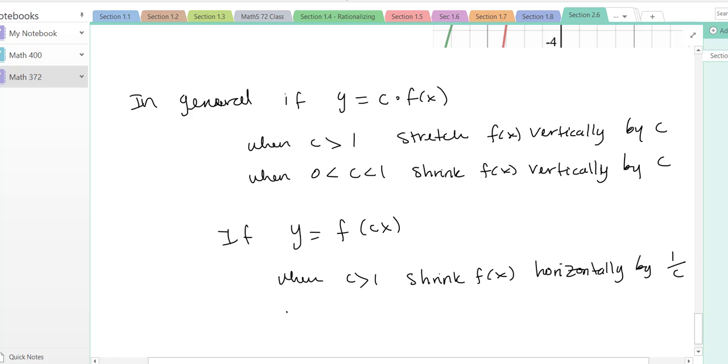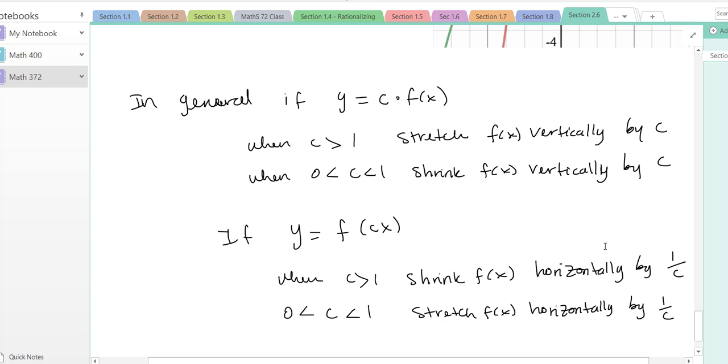And when 0 is less than c less than 1, so again a fraction smaller than 1, we're going to stretch the graph of f of x horizontally by a factor of 1 over c.